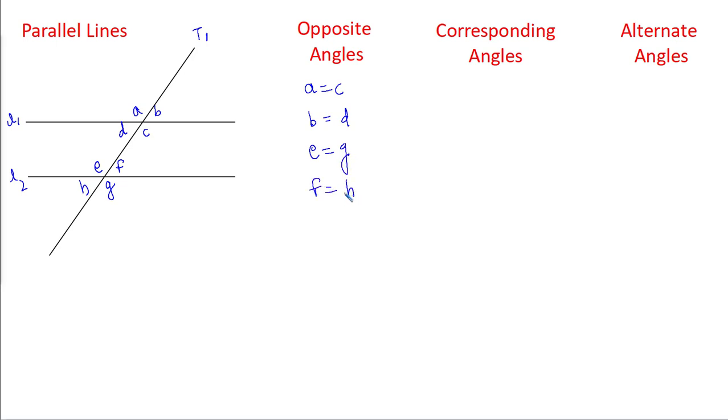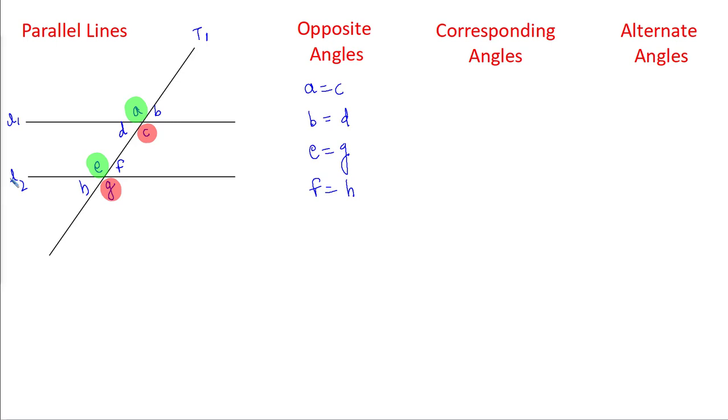After this, corresponding angles. Which angles do we call corresponding angles? Look here, angle A and angle E are corresponding angles. Similarly, angle C and angle G are also corresponding angles. In corresponding angles, which angles are equal to each other?